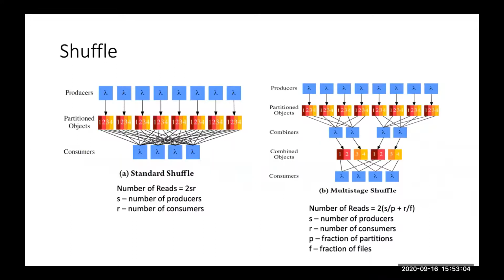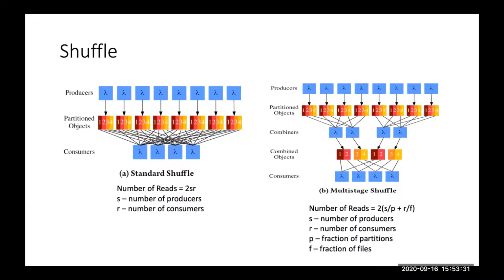When it comes to shuffle, traditionally there is one standard way to do it, as I showed on the left of this figure. The producers produce partitions and write to S3 a single object for each producer, and these objects have multiple partitions, as I showed in the previous slide.